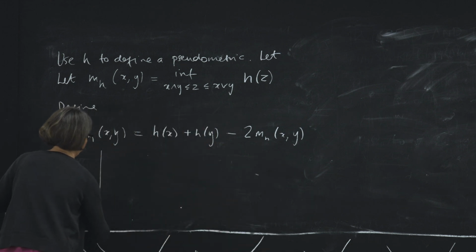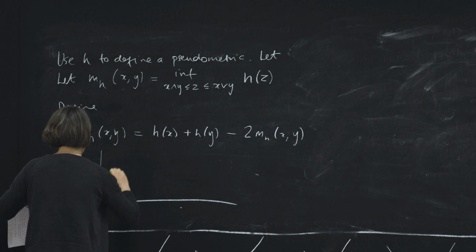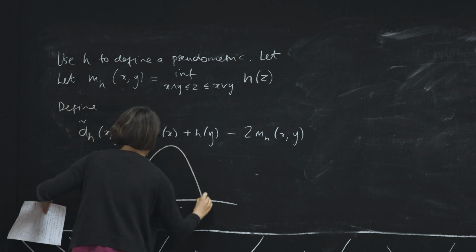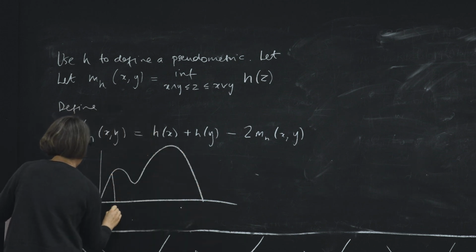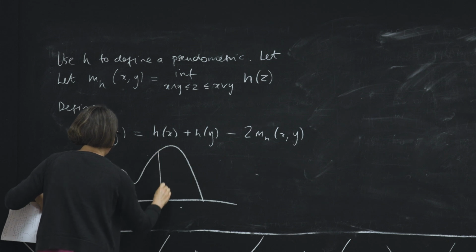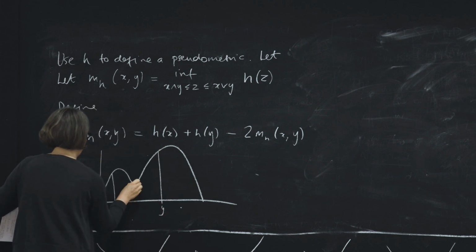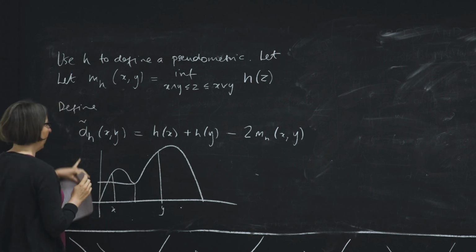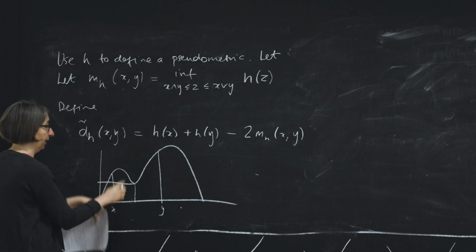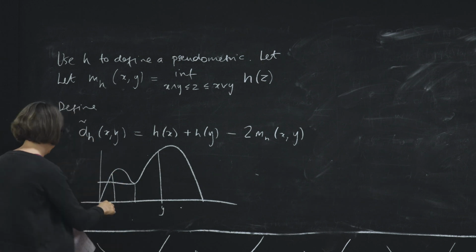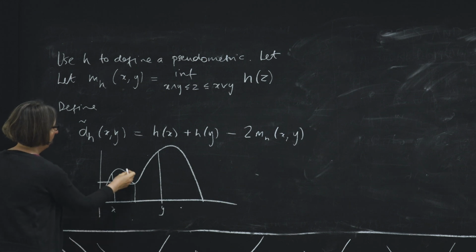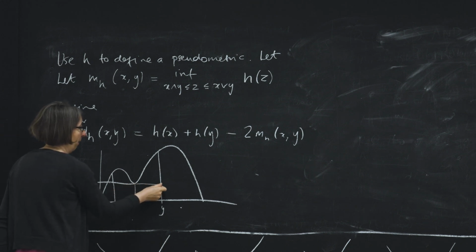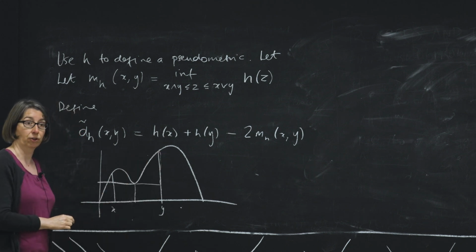Okay, so let's again have a picture. Maybe a slightly simpler one for the moment. Here's x, here's y, and here's the minimum. What I'm saying is I'm essentially defining the distance, or pseudo-distance for the moment, between x and y to be what happens when I go down as far as the infimum between them, and then I go back up as high as the function.